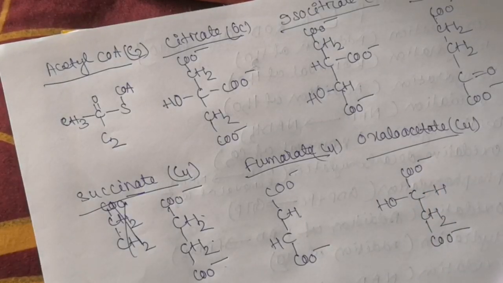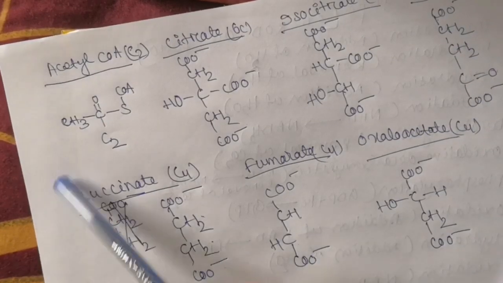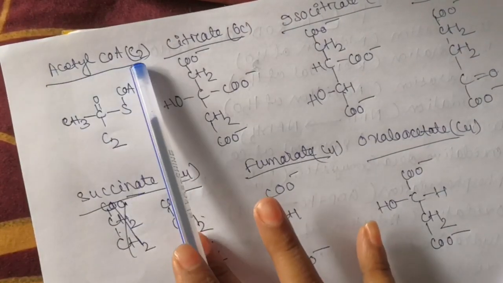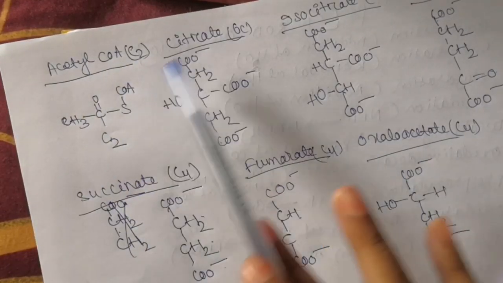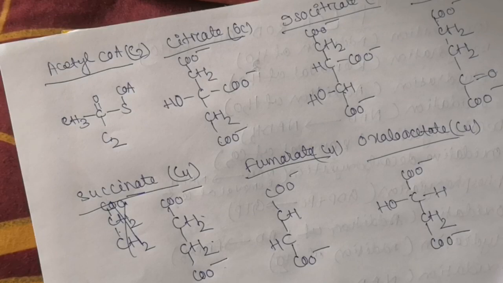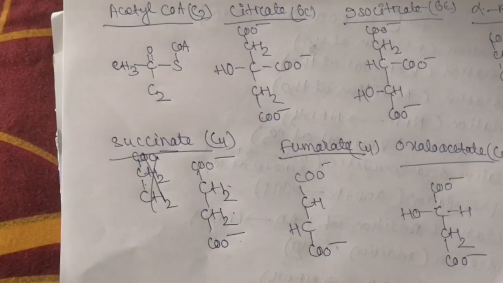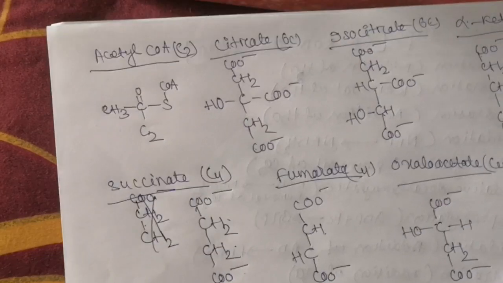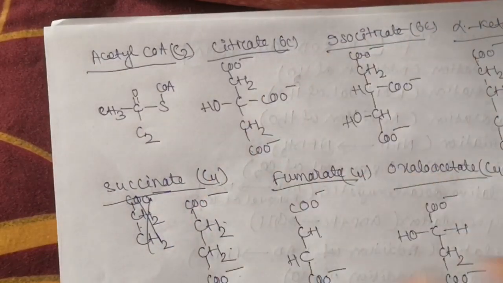So these are the structures of all the compounds in the cycle, from acetyl coenzyme A to oxaloacetate. The name of each and everything I have written here. So try to practice every day so that you can easily remember.